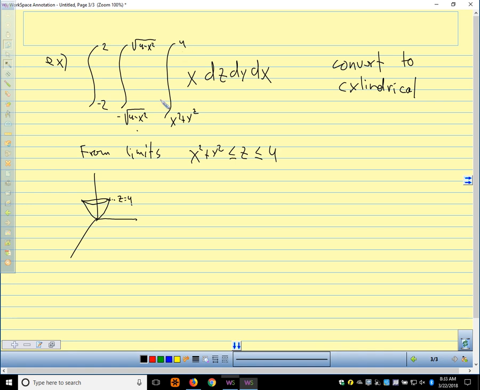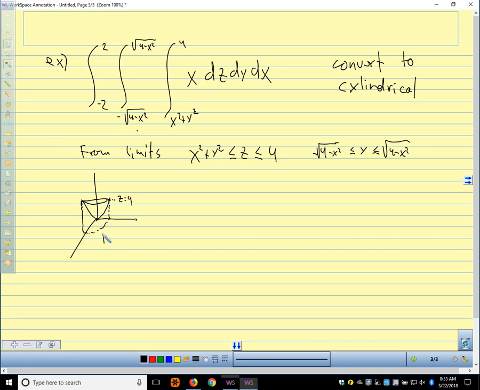Well, this region: minus the square root of 4 minus x squared less than or equal to y less than or equal to the square root of 4 minus x squared. That's a circle. So y equals square root of 4 minus x squared, that would be a cylinder. But in the xy plane, what we're doing is projecting this down into the xy plane.